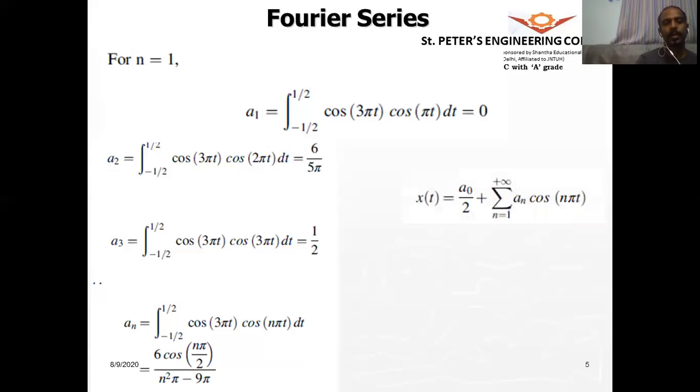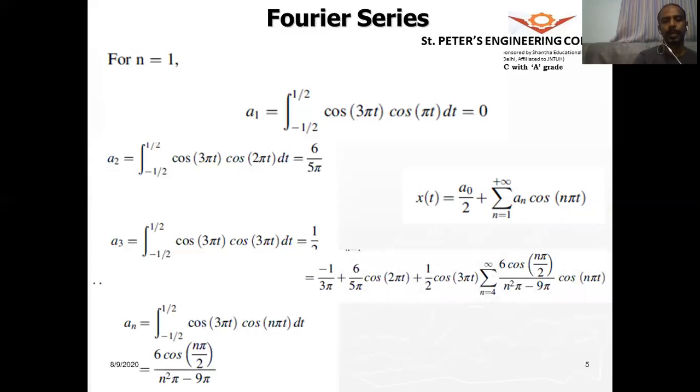So now we have to put it back in the actual formula. The actual formula is x of t equals a naught by 2 plus sigma n equals 1 to infinity, and only a n cos n pi t will remain, because the b n terms are all zeros.